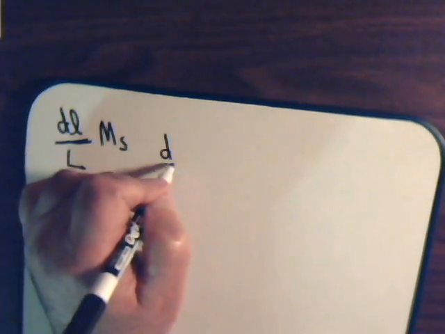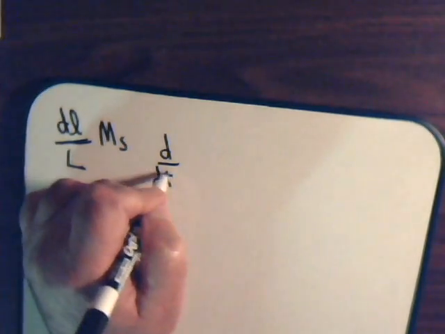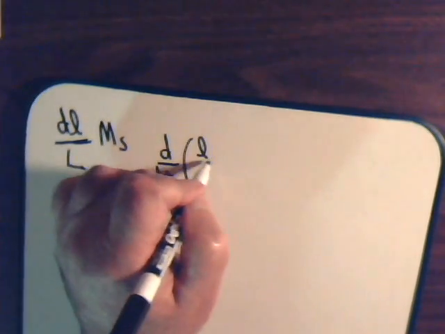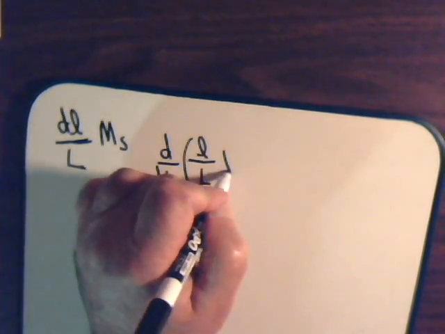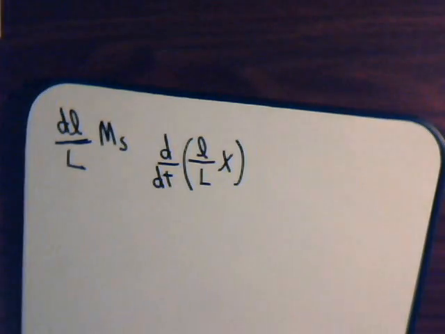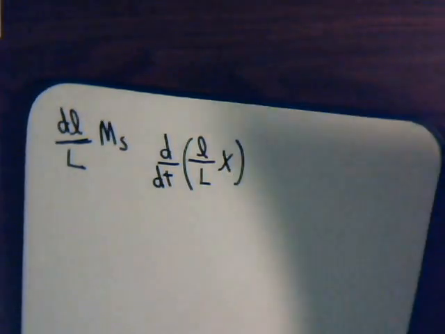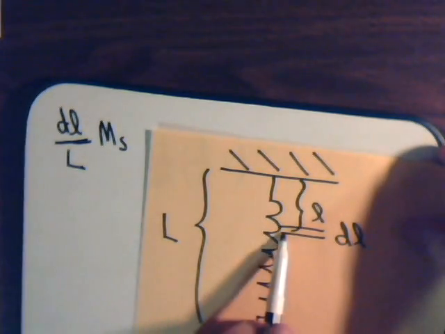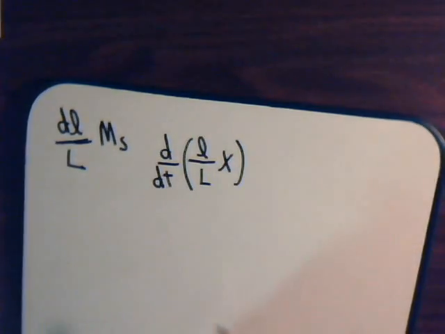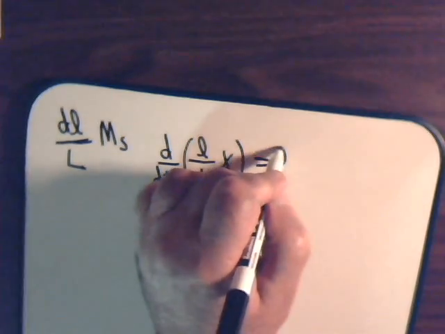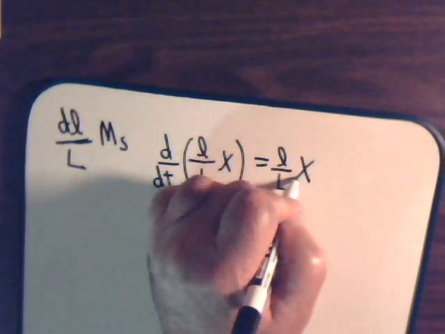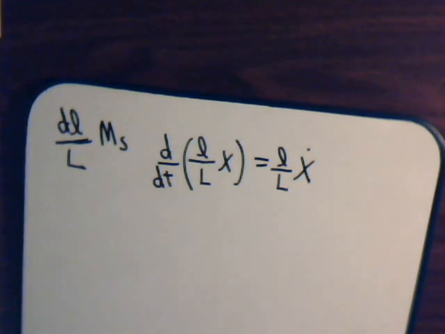If you're at the bottom of the spring it's going up and down with velocity x dot, then here it's going to be the derivative of its displacement over time, d dt of small l divided by capital L times x. That will be the velocity of this point going up and down. But of course that's just simply going to be this times x dot.